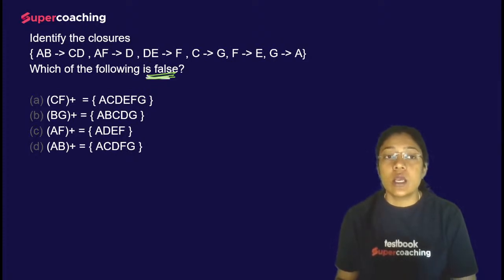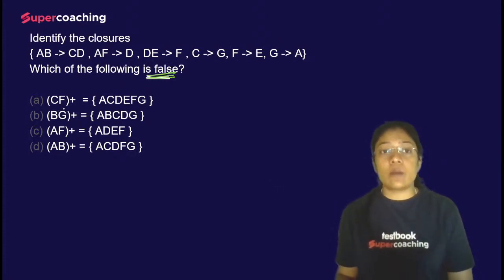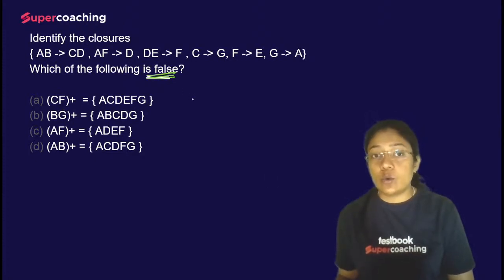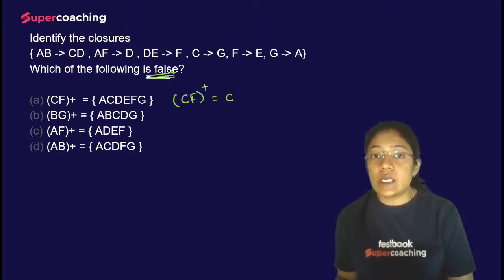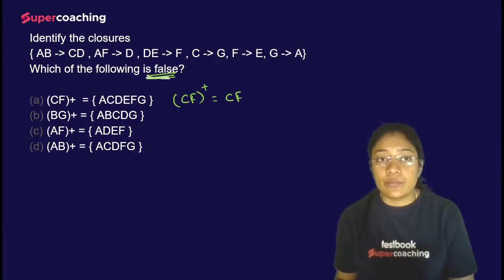Identify the clauses. So here we need not find out the closure of all the possible attributes. We are just given the options और हमें ये determine करना है which one is correct. So I'm finding the CF closure. कहाँ से start करेंगे? From CF. CF is determining itself. Now check here. AF is not there.